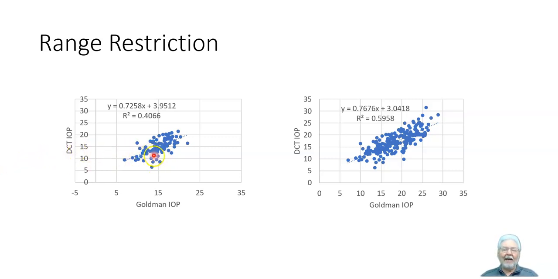But from an instrument point of view, the similarity is not really quite as good, because remember, we wanted values that are supposed to measure the same thing. We want them to correlate around 0.9, and 0.9 squared is 81%, and the variance is only 60. So the relationship between Goldmann and DCT is actually not that good.